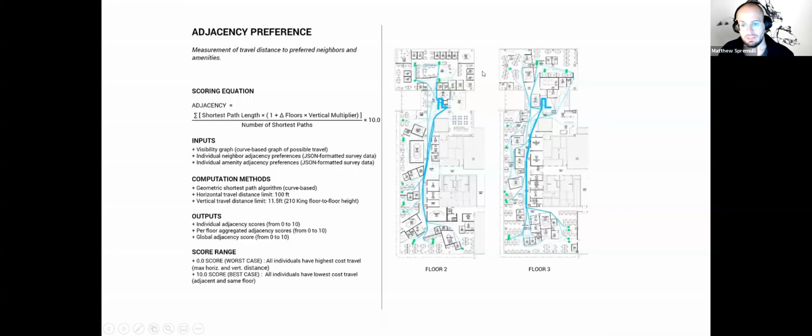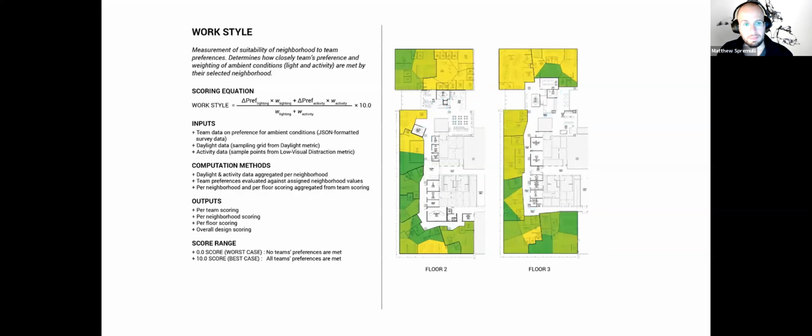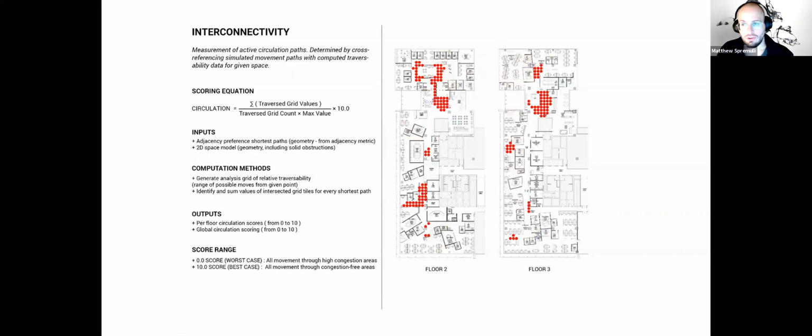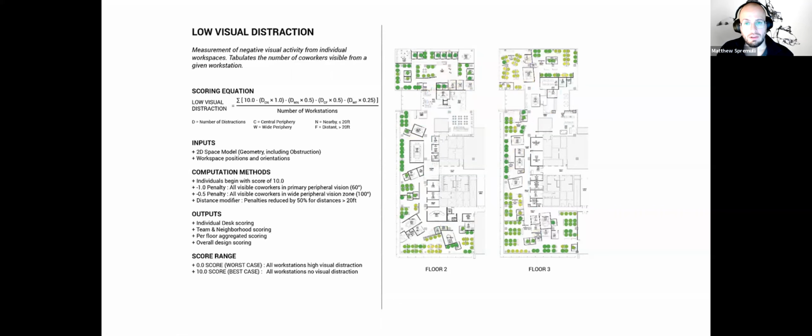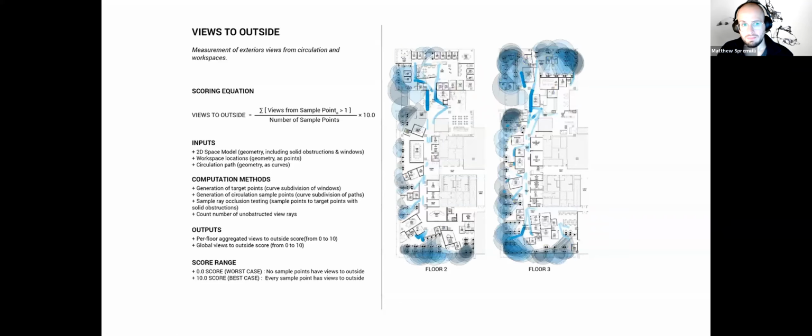And here on the right, you're seeing essentially what this custom simulation tool is doing both graphically, and there was a numeric value. Here's what work style looked like: interconnectivity, low visual distraction, and daylight. And finally, views to the outside.